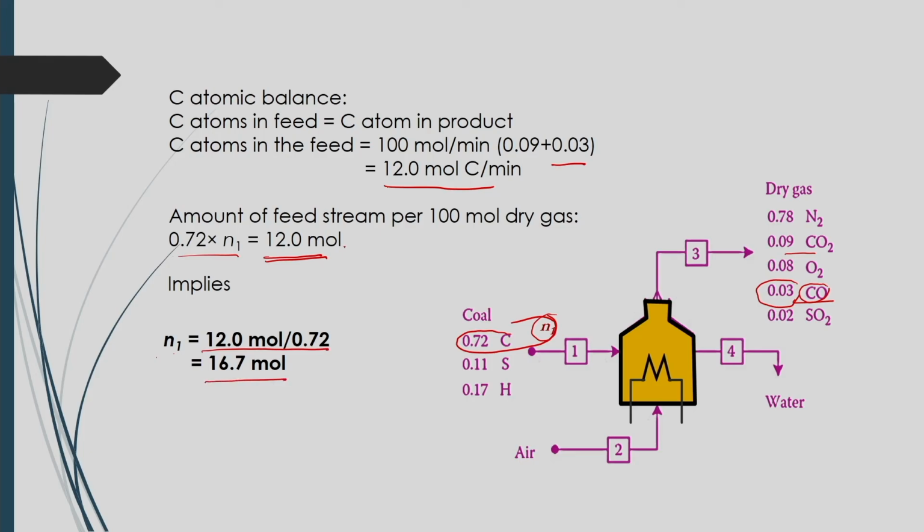So as per the material balance, the feed stream flow rate in stream 1 will be equal to N1, and it will be equal to 16.7 mole per minute.